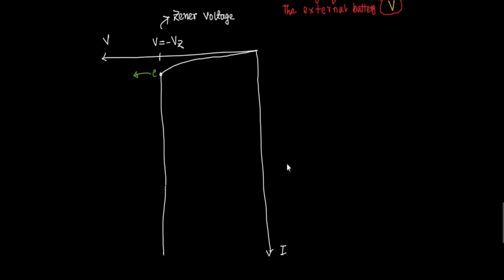If reverse bias voltage is greater than or equal to Vz, the reverse current increases abruptly. This means the conductivity of the semiconductor increases by a very large amount.